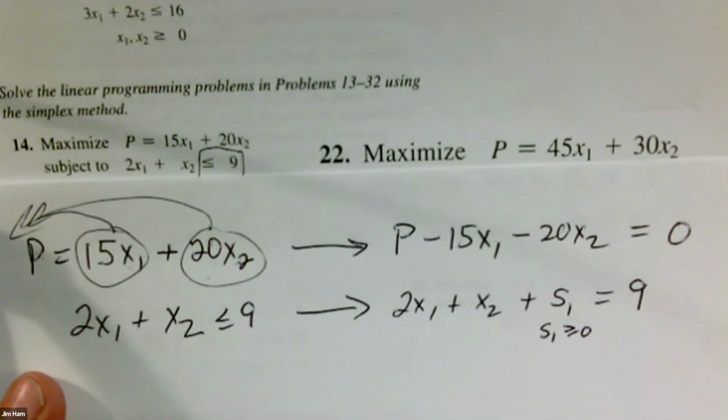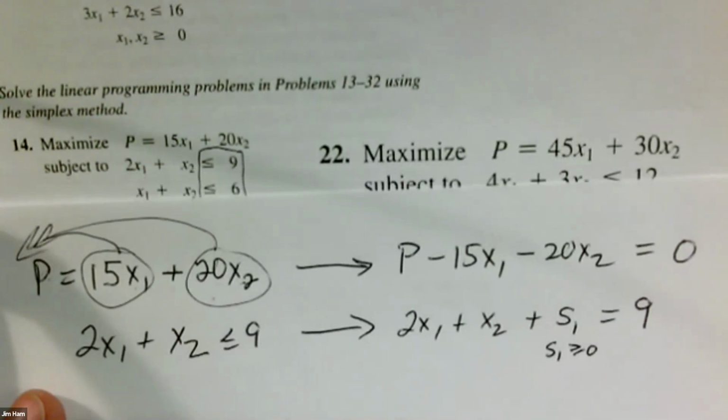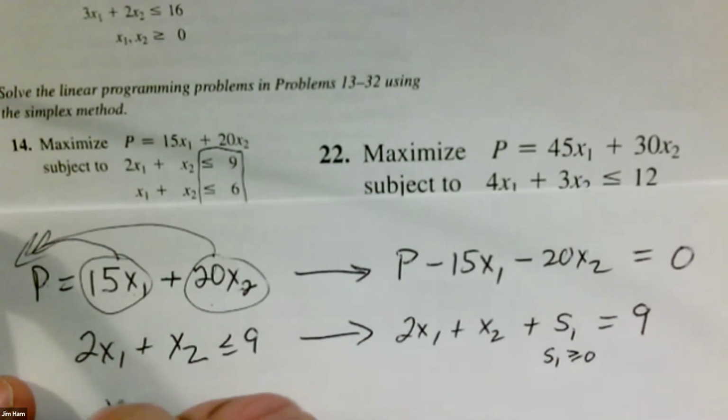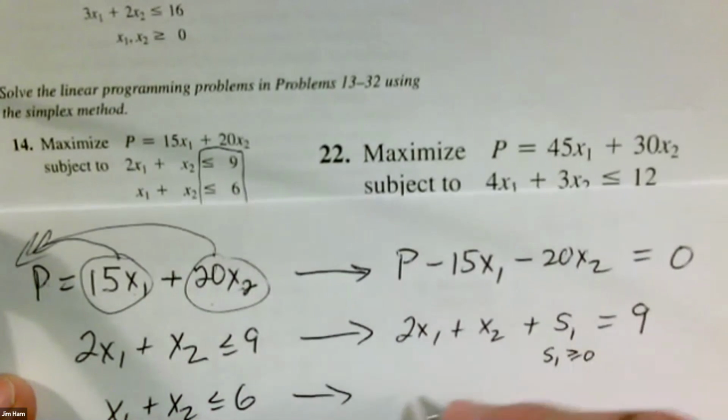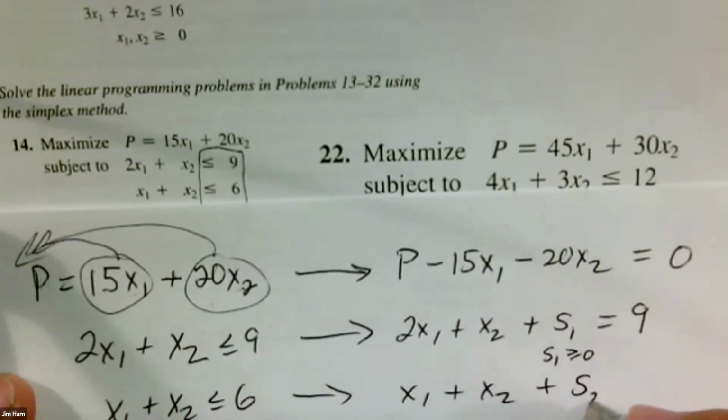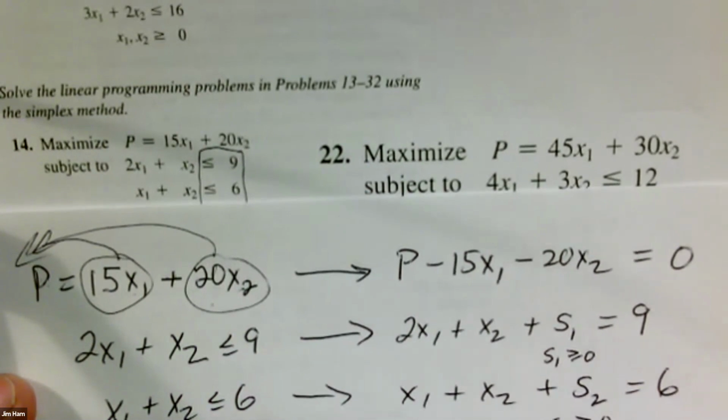After writing those slack equations, we're going to put them into a matrix. The x1 plus x2 less than or equal to 6 similarly becomes x1 plus x2 plus a new slack variable that is larger than or equal to 0.